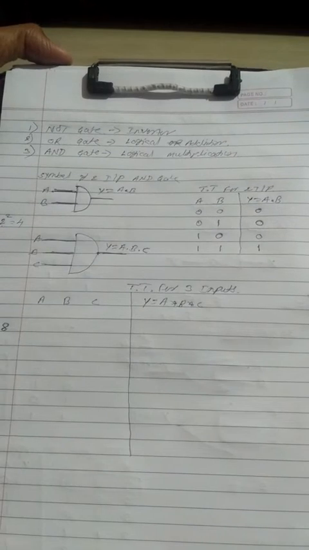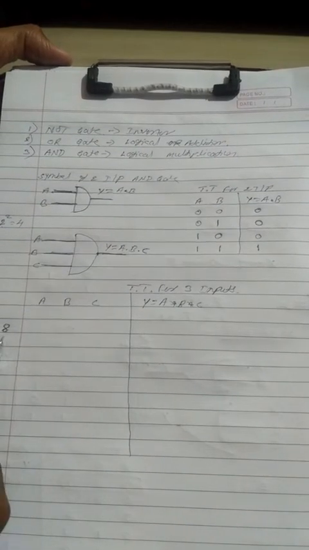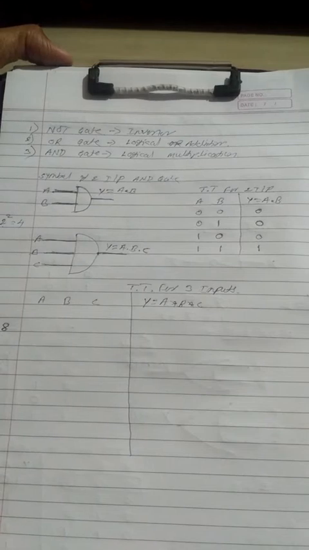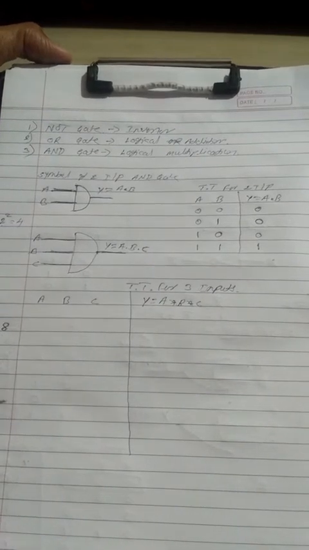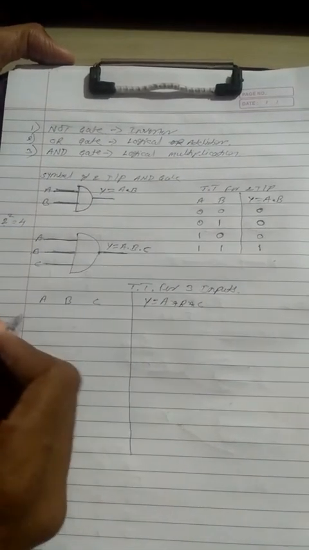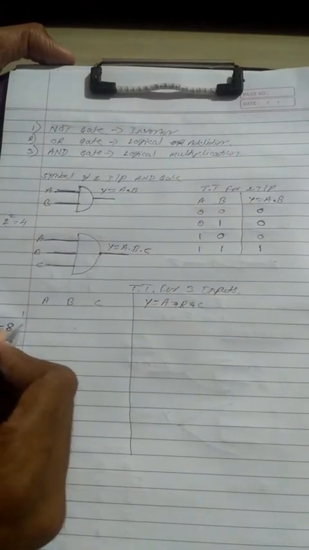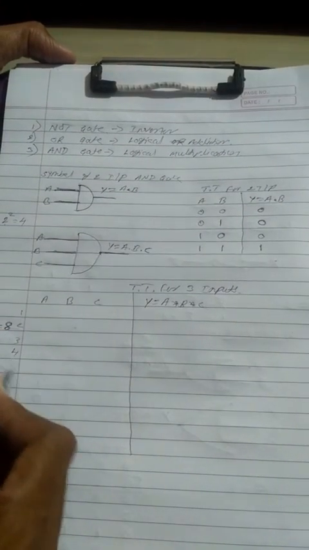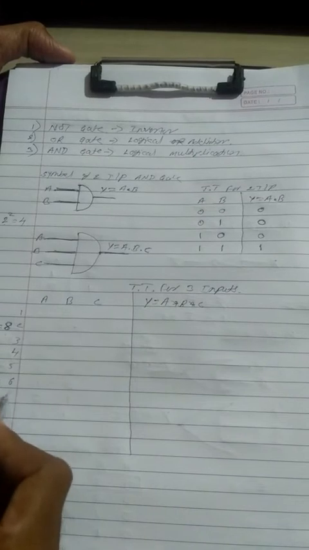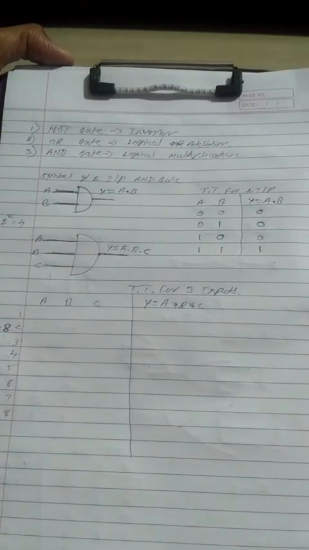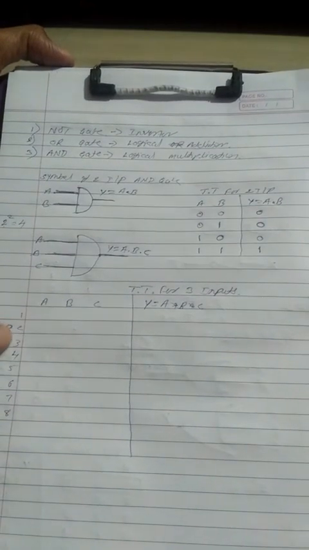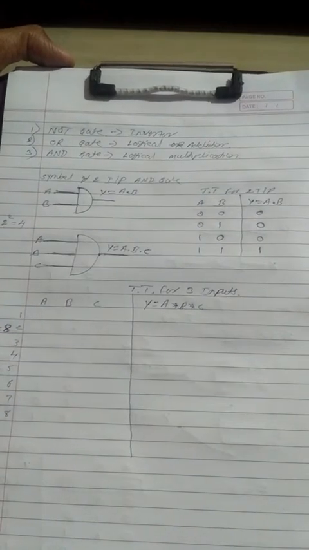Then I will write here row numbers 1, 2, 3, 4, 5, 6, 7, 8. We are going to take 8 different inputs.